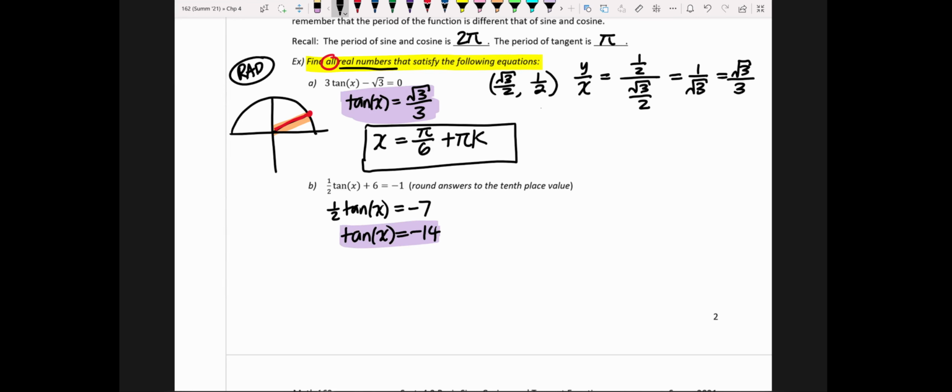Okay, so this is one that's not on the unit circle. Right away, we recognize not on unit circle. So we need to use calculator. And then we made a note that we're in radian mode.